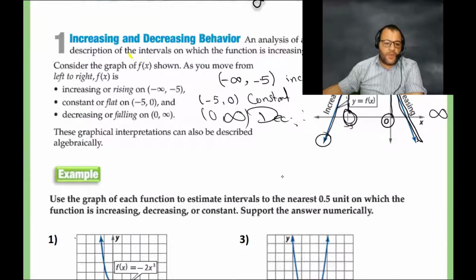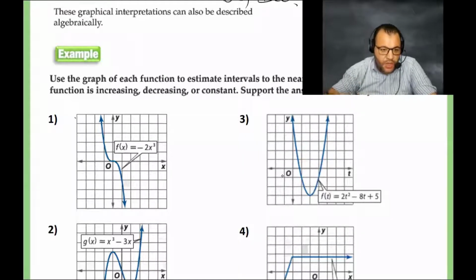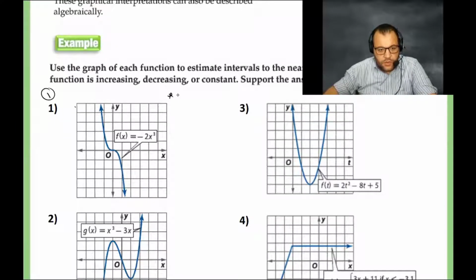So for each graph, we need to revise. I need only the increase and decrease, but we will start from the end behavior, then continue with the increase and decrease. So what is the end behavior for question number 1? The function is positive infinity when x is going to negative infinity.